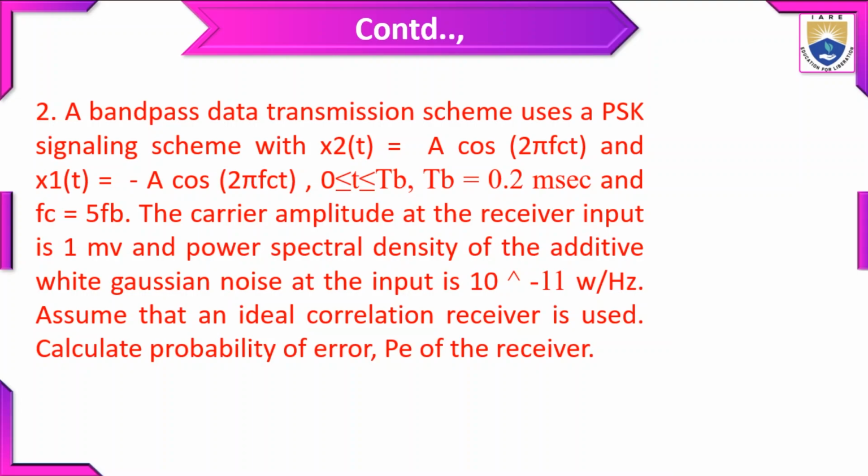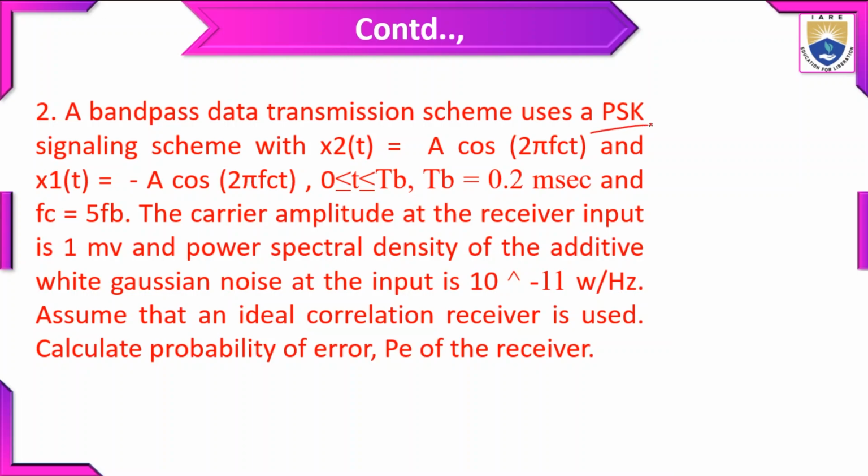A bandpass data transmission scheme uses a PSK signaling scheme, so x2 of t is equal to A cos 2 pi fct, and x1 of t is equal to minus A cos 2 pi fct. Why? Because here you can know the PSK.